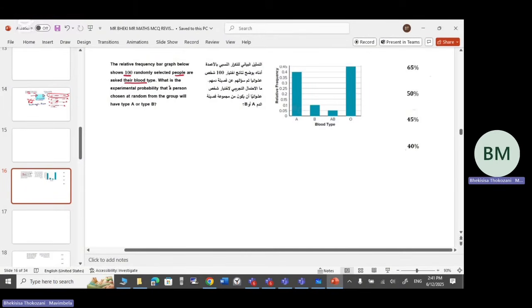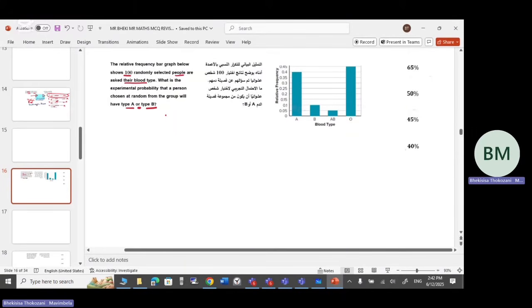So what is the experimental probability that a person chosen at random from the group will have type A, very important, or type B?